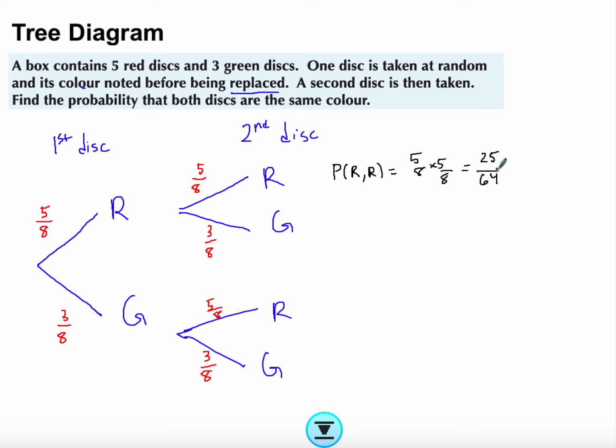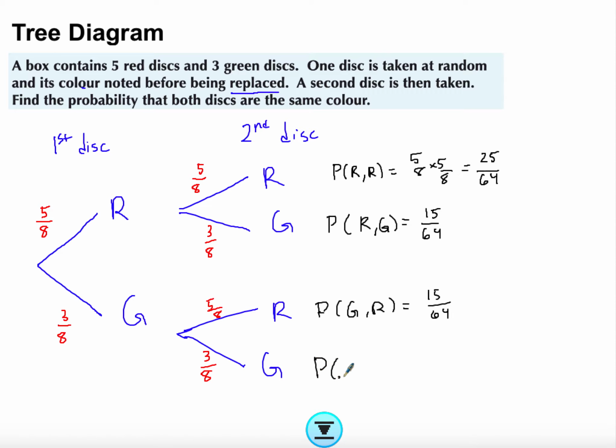So this is the probability of getting red and red. And this will be red and then green. So using the same logic, I'm going to get 15 over 64. This will be the probability of green and then red, which will be the same. It's not always the same, but in this case it is.